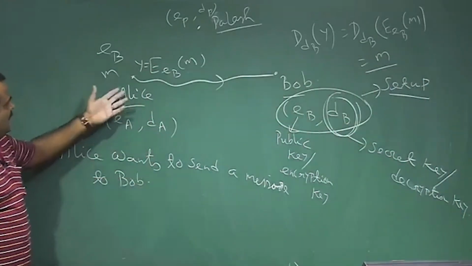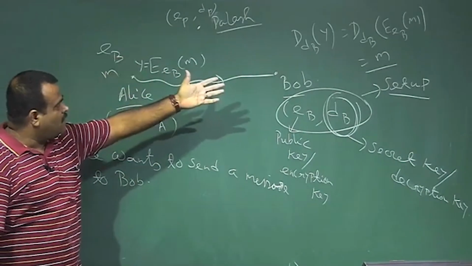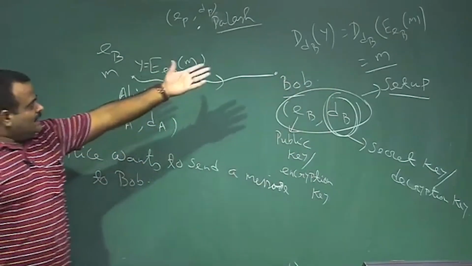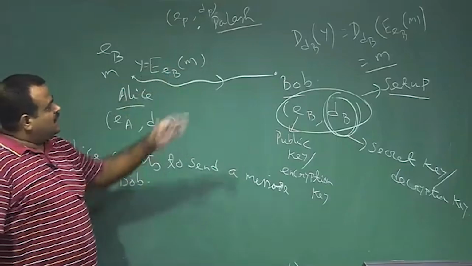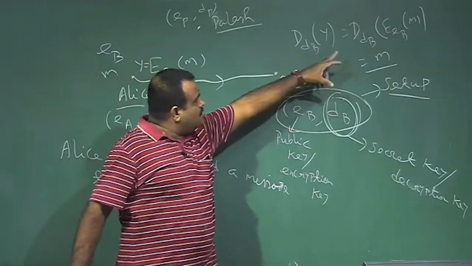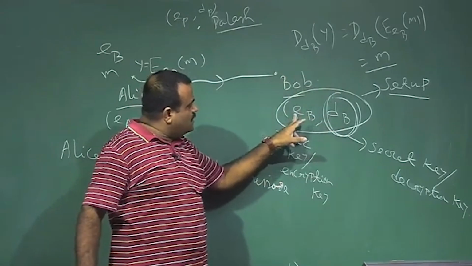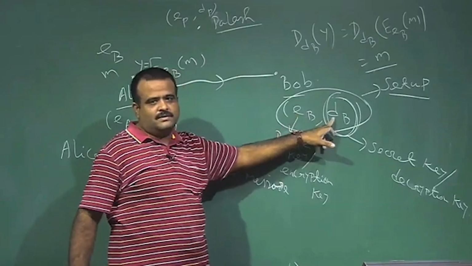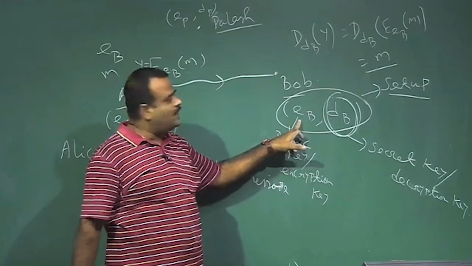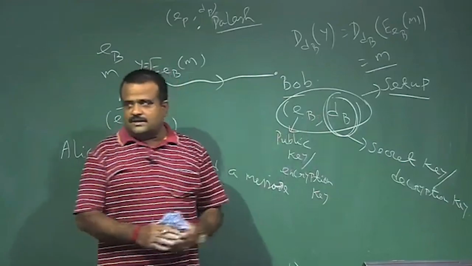Alice encrypts the message using Bob's public key, generates the ciphertext, and sends it to Bob, and Bob has his own secret key DB, applies the decryption algorithm, and gets back the message M. This should only be done by Bob. That means from EB it should be computationally hard to get DB, because EB is public. It should be very difficult to get the secret key from the public key. That hardness should be there.